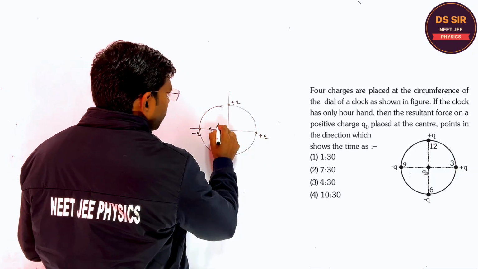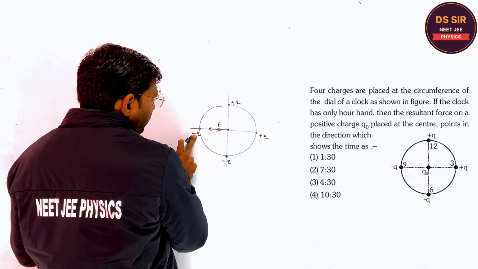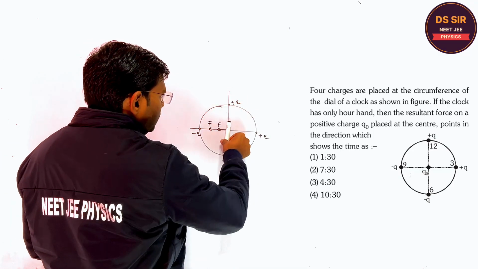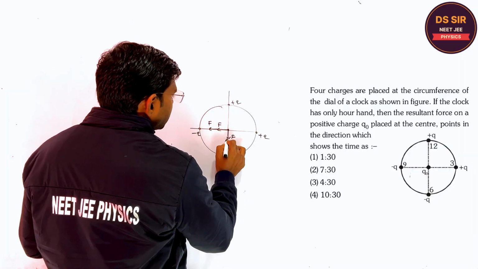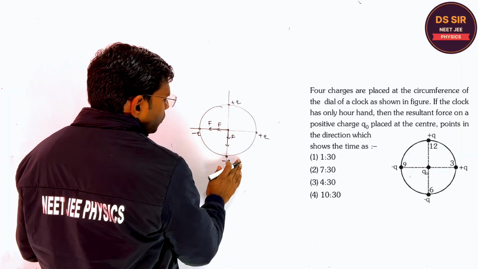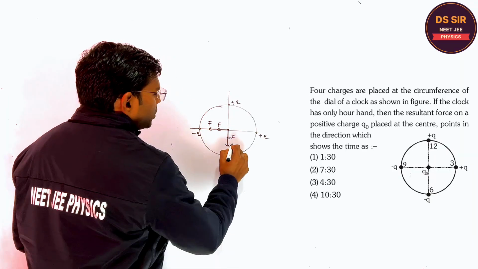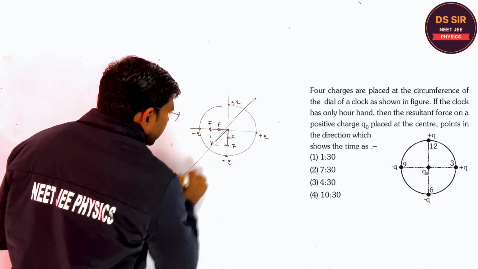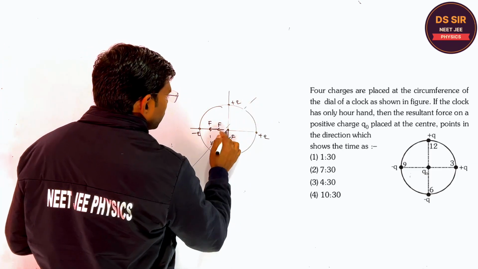Because of plus q, the force is this. Because of this minus q, the force is also this. Because of plus q, the force is this, and because of minus q, the force is in this direction. So the resultant force will be in this direction. Is it clear or not?